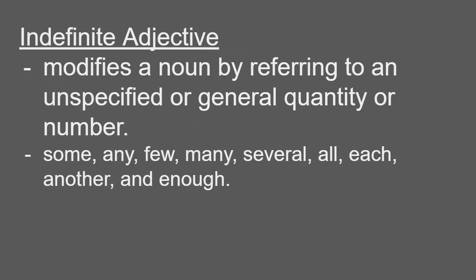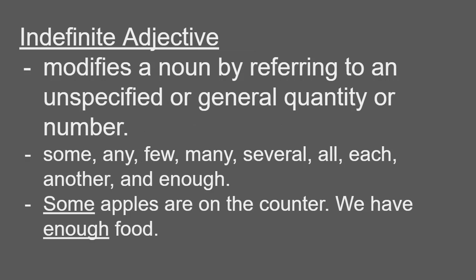Those are some, any, few, several, all, each, another, and enough. Some apples are on the counter. How many apples is not said here, so it is indefinite. We have enough food. How much food we have is not defined here.